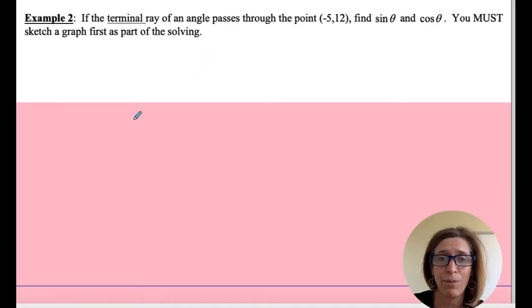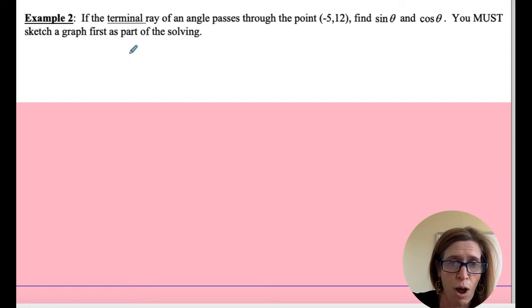So here's an example. If the terminal ray of an angle passes through the point (-5, 12), find sine theta and cosine theta. In this case, I said you must sketch a graph first as part of the solving, but not necessarily, so we're going to look at other ways as well. But for this one, let's draw it.